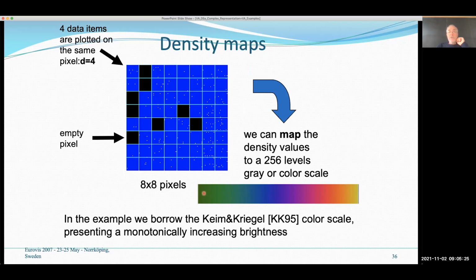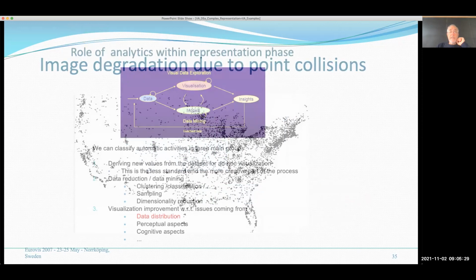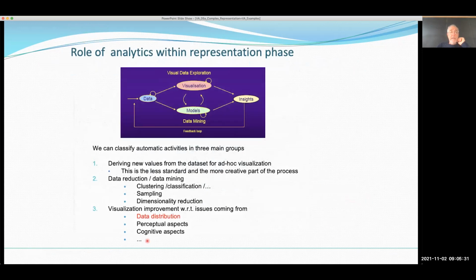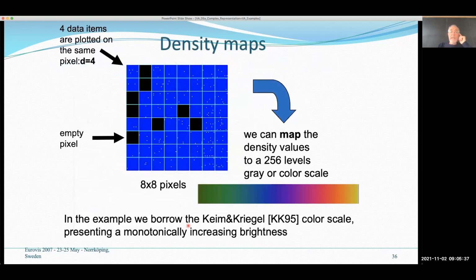This is a contribution in the direction of when I discussed the perceptual aspects. This is a color scale designed taking into account this. Here we are using our perception of colors, and you perceive this scale as increasingly brightness.